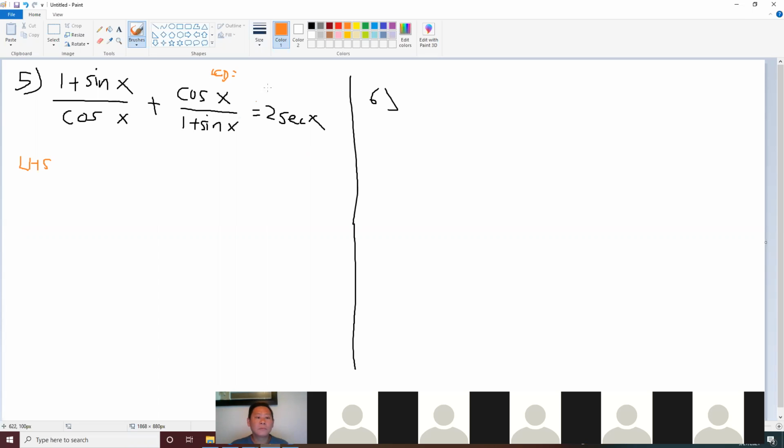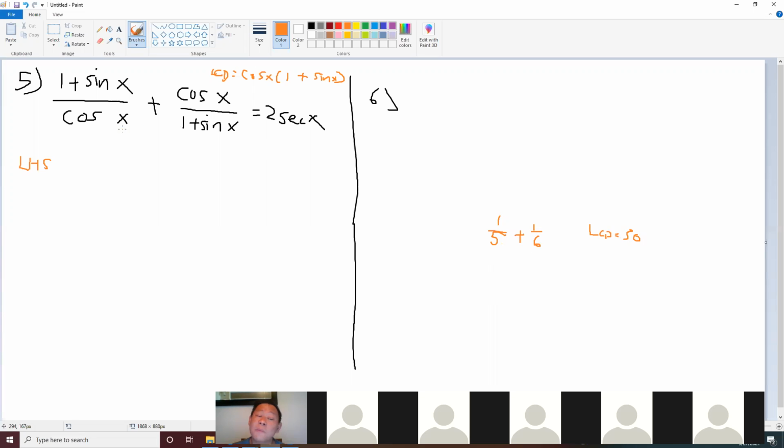Is it cosine x? No. It will be cosine x times what? 1 plus sine x. Yes. Usually, for example, if I give you numbers like this, how do you find your LCD here? You take these 2 and multiply, right?